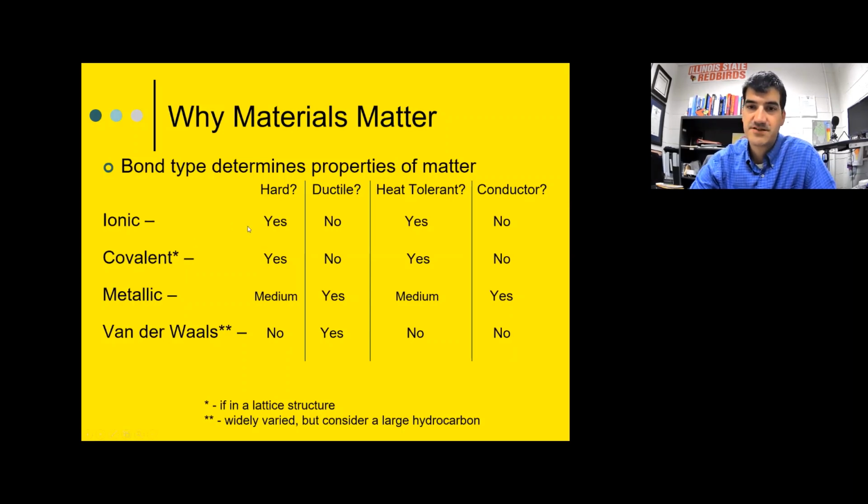All right, let's see how we did. Ionic bonded materials and covalent bonded materials, if they're in lattice structures, are hard. They are not ductile. They are heat tolerant, and they're not good conductors. Metals, are they hard? Medium. Ductility, I think I said moderately so.